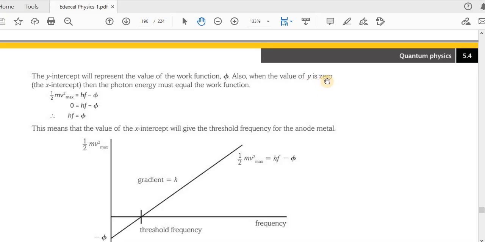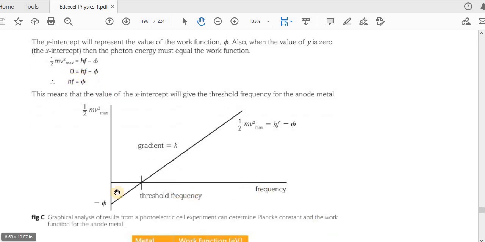Also, when the value of y is 0, the x-intercept, then the photon energy must equal the work function. Photon energy must equal the work function. You can have a look at this, you will understand it.